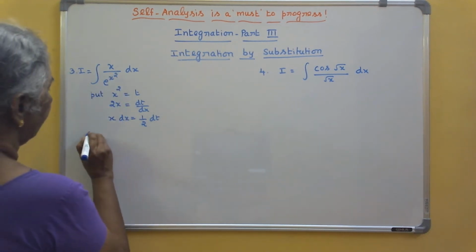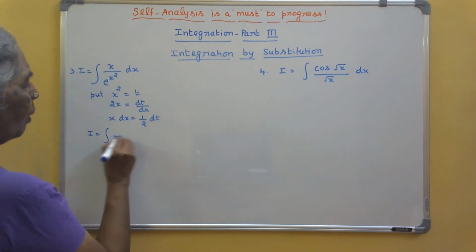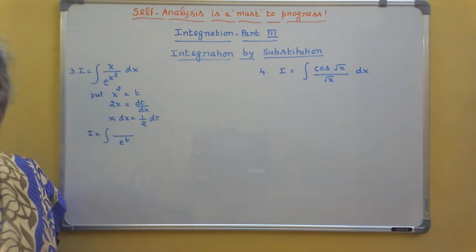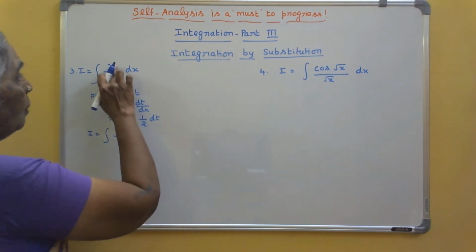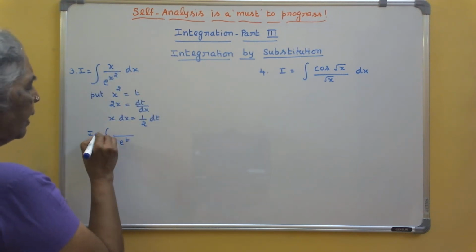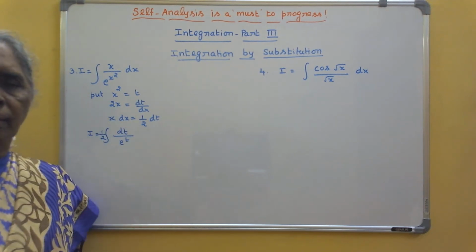Now let us write I is equal to integral. First I am coming to the denominator, that is e power t, because x squared is t. Now see the numerator, x dx, that is half dt. Write the half outside the integral, put the dt here, right?